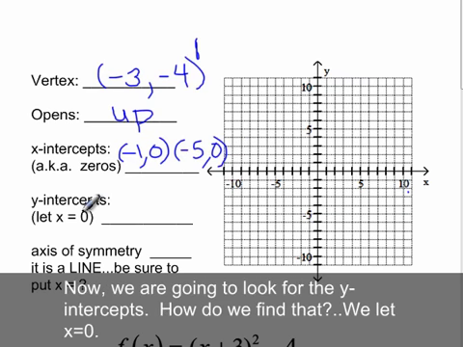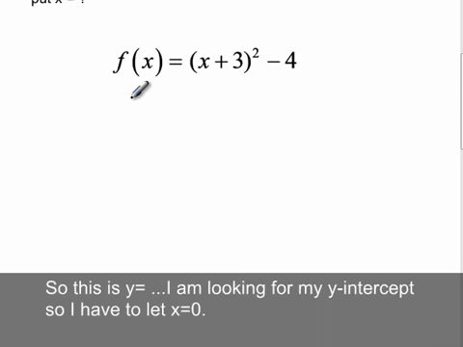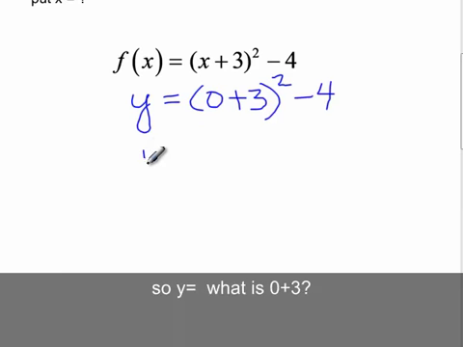Now we're going to look for the y-intercepts. How do we find that? We let x equal 0. So y is equal to, I'm looking for my y-intercept, so I have to let x equal 0. So y is equal to, what is 0 plus 3?